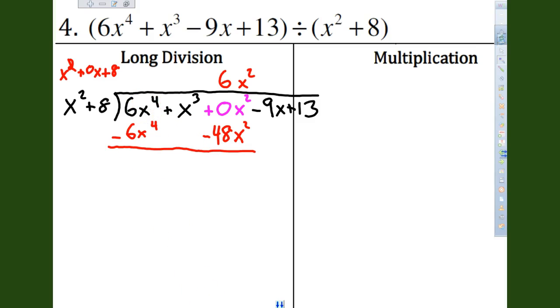So that's why it's not really worth writing this part out and changing it, just so we can put a 0x to the third here. All that will happen is that will cancel out. This will just drop down, or add 0 to it, and it'll stay the same. We'll get negative 48x to the second, and then we'll drop down to negative 9x.